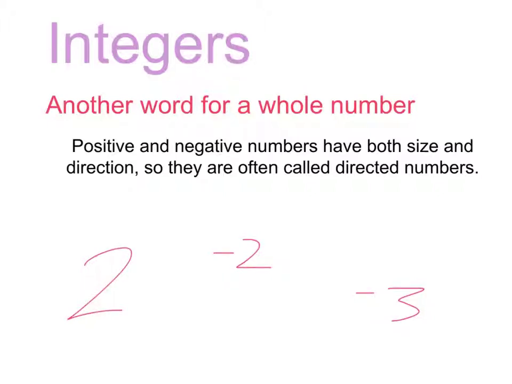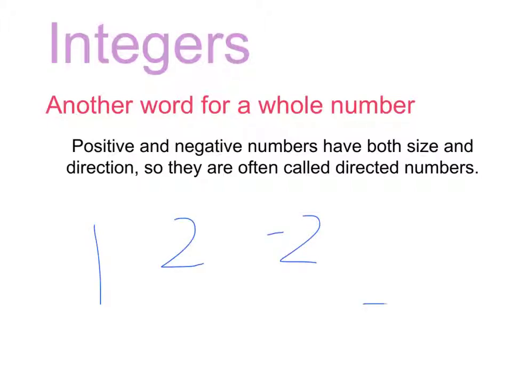These are what we actually officially refer to, guys, as integers. An integer is another word for a whole number. Both positive and negative integers have a size and a direction, and so we often call them directed numbers.